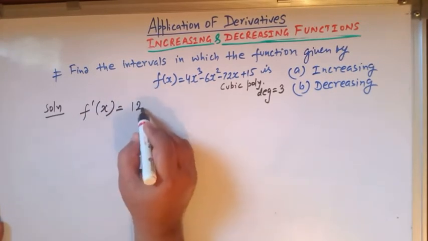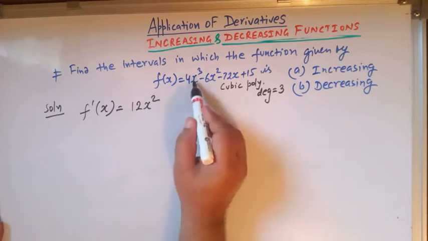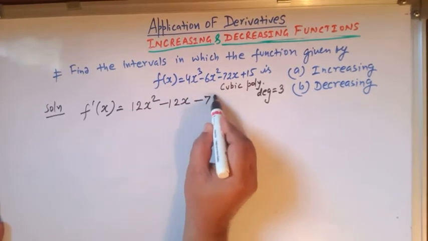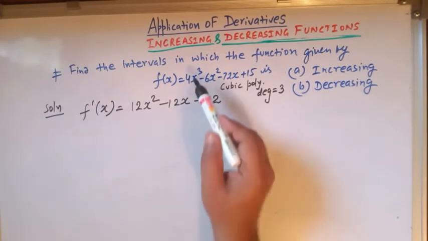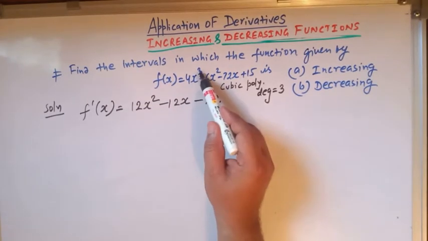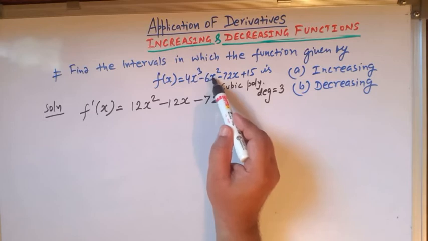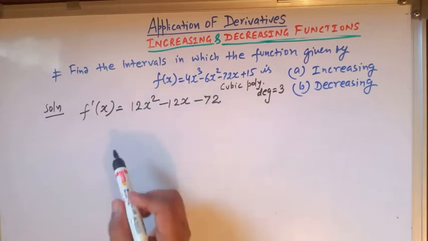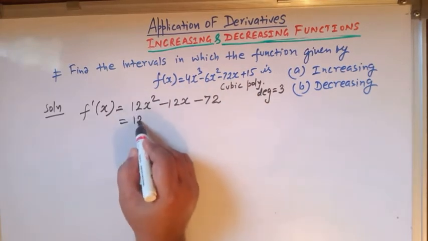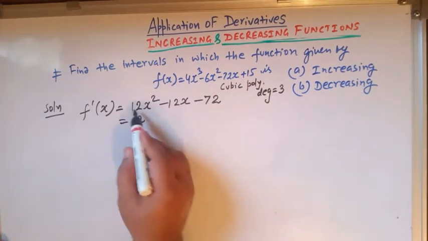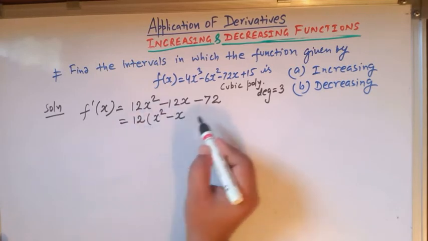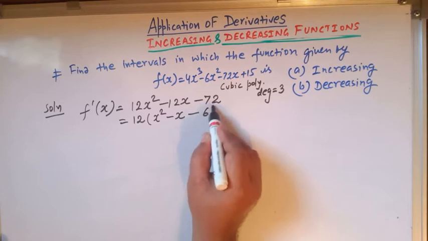Now find the derivative of this function f(x). So we have 12x square minus 12x minus 72. Clear? The derivative of x cube is 3x square, the derivative of x square is 2x, and the derivative of x is 1. Now let us take 12 as a common factor. So we have x square minus x minus 6.